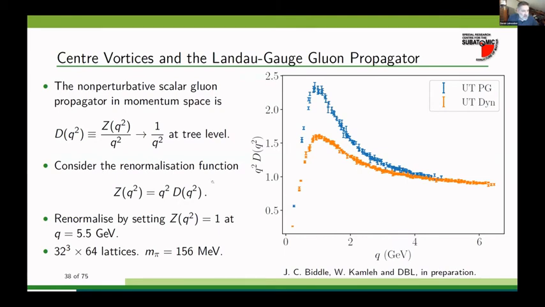So we're going to consider the renormalization function simply by multiplying the gluon propagator that we calculate on the lattice by q². For the renormalization, we pick a value of q² where we set it equal to 1. So it's somewhere out here in the tail of the distribution that will renormalize our propagators.